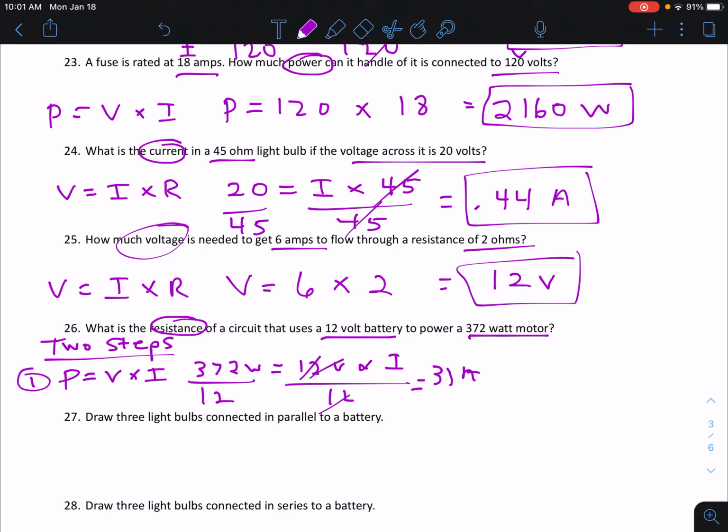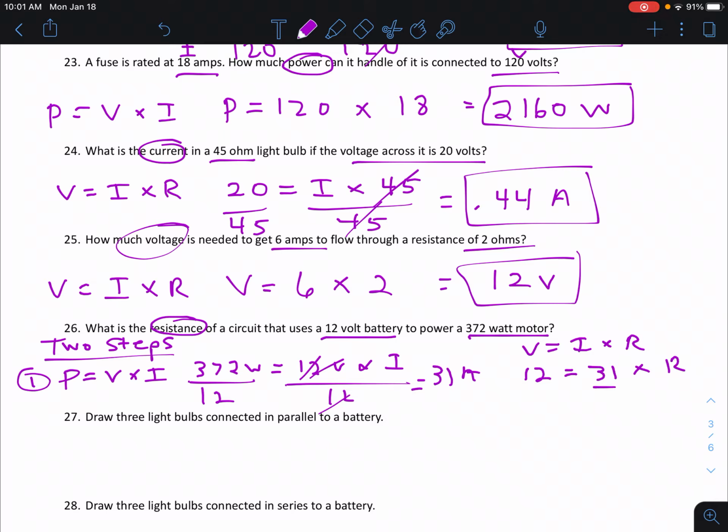Then our second step of the problem is to use Ohm's law, which is voltage equals current times resistance. And we're looking for the resistance. We were already given the voltage, which is 12 volts, equals the current we just calculated, 31, times the resistance, which we don't know.